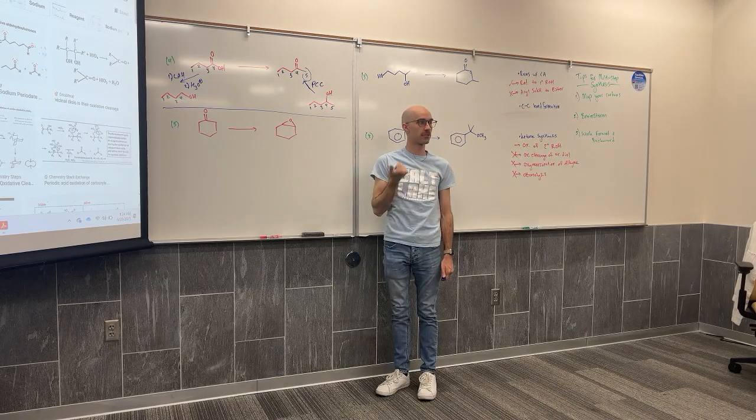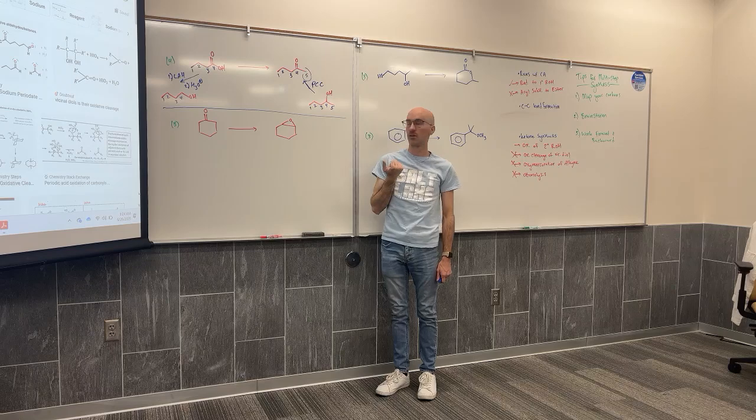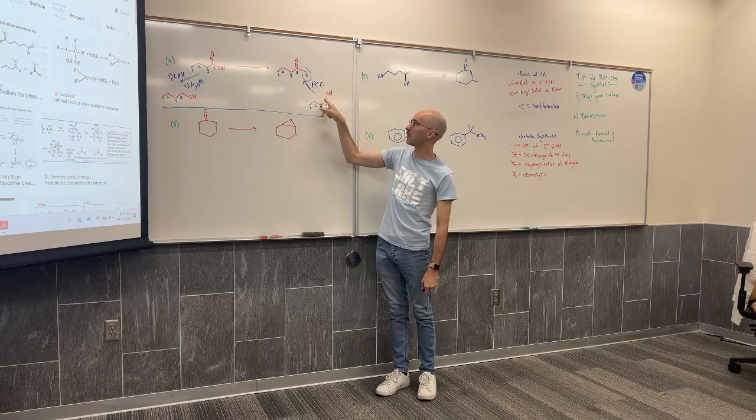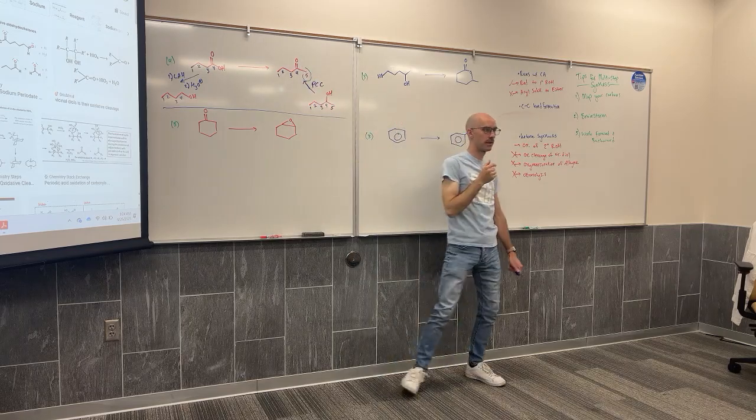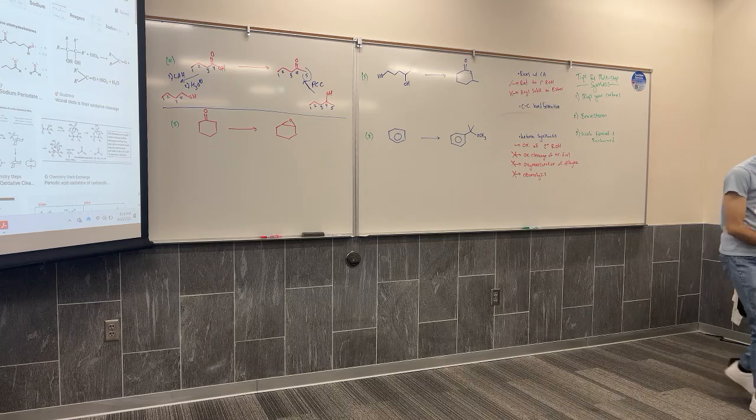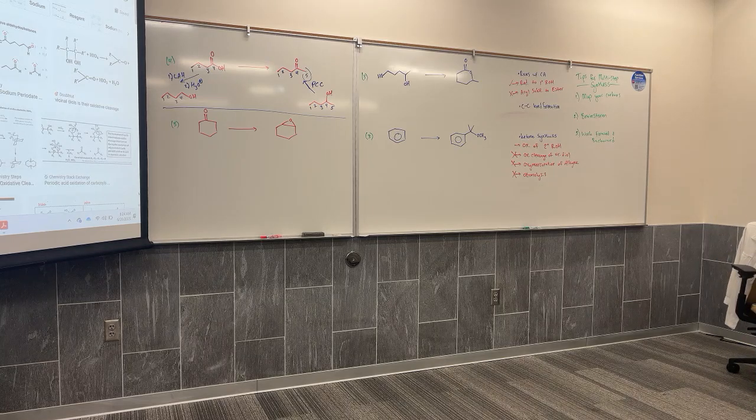Its hydrogen is being removed, and it's accepting electrons from the oxygen to make the double bond. Technically everything is a Lewis acid-base reaction, so don't think about it like that. Just remember PCC.